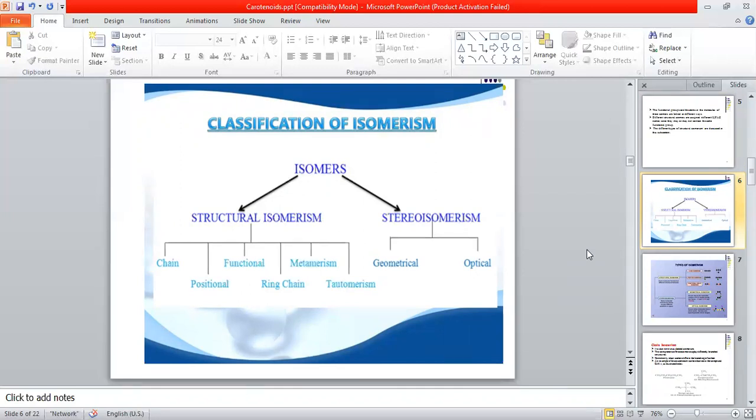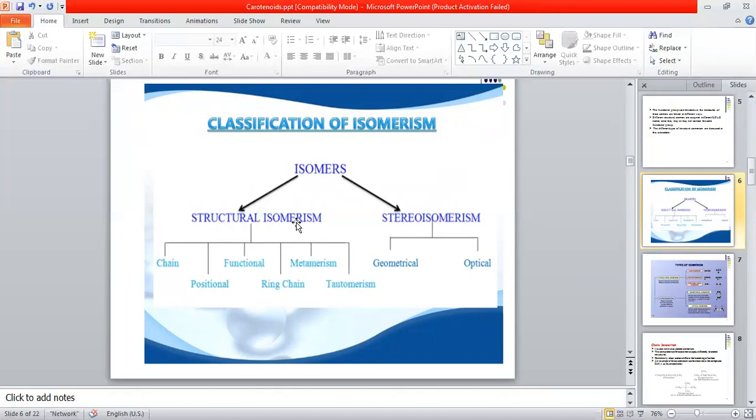Structural isomerism, as the name indicates, is related to the chemical structure of the molecule. In the structural formula, you will see how the atoms are arranged.